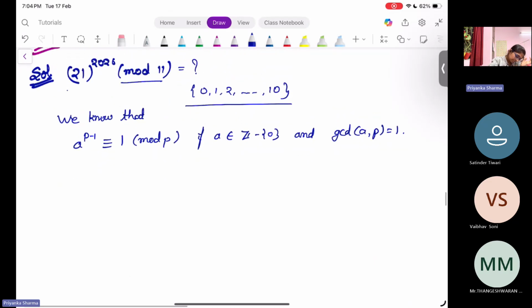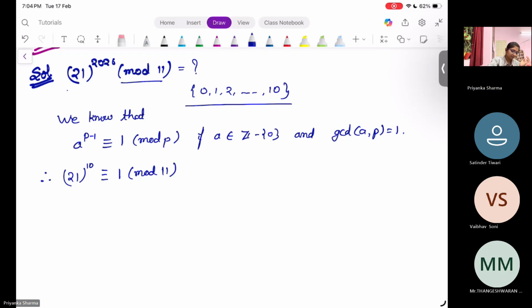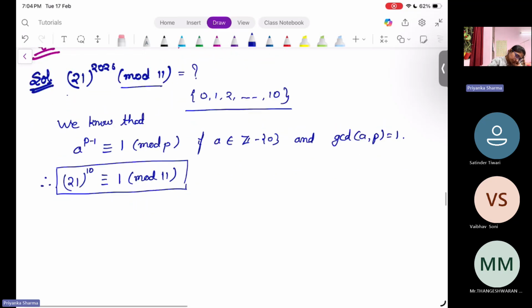This will give us 21 to the power p minus 1, that is 11 minus 1, that is 10, is congruent to 1 mod 11. Now we can use this one to simplify the given expression.